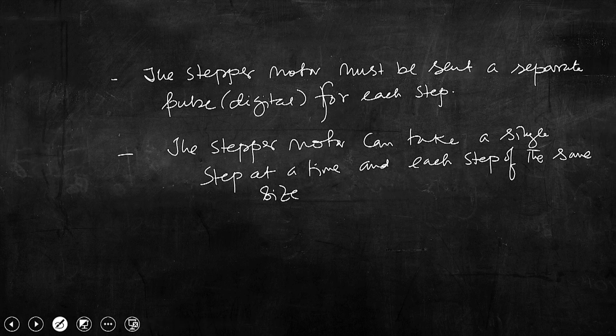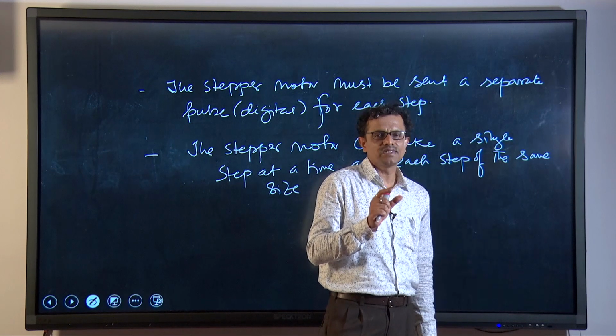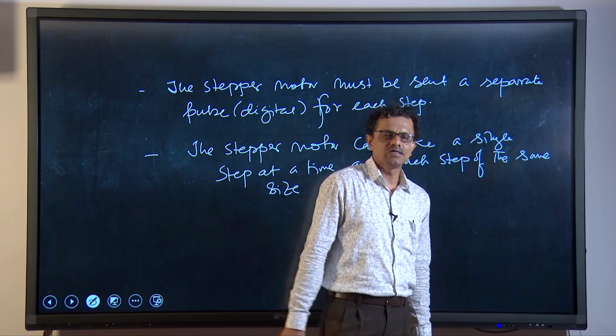So, if we have 200 steps, each step is of the same size, and the stepper motor can take only one step at a time. That is important for this.